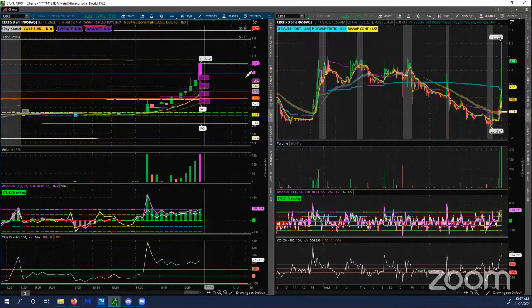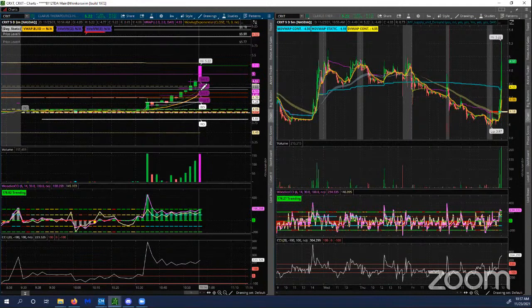I saw that hammer. That ramping. I saw it ramp in volume too.